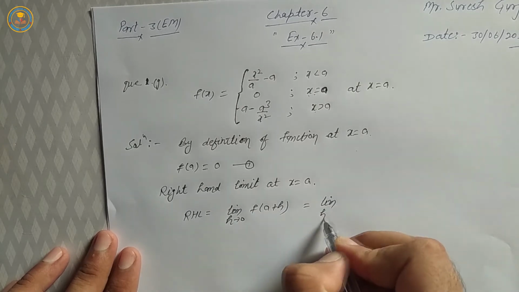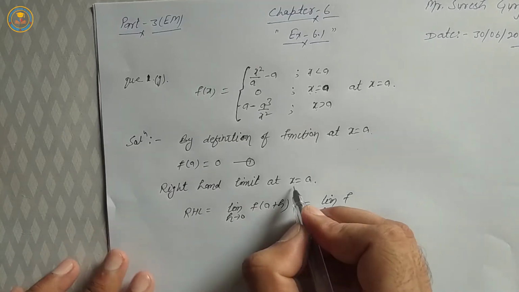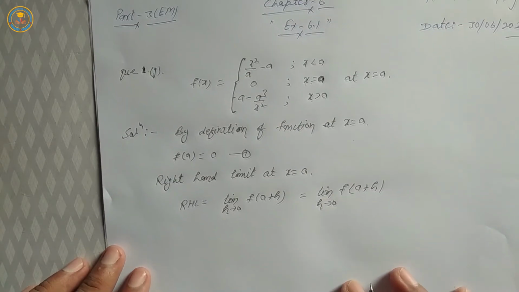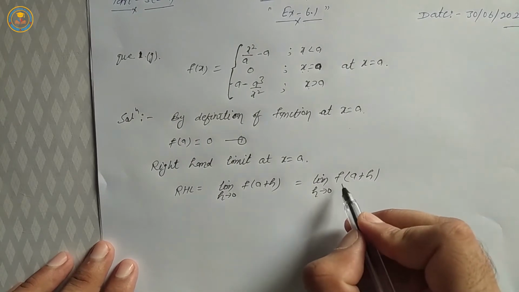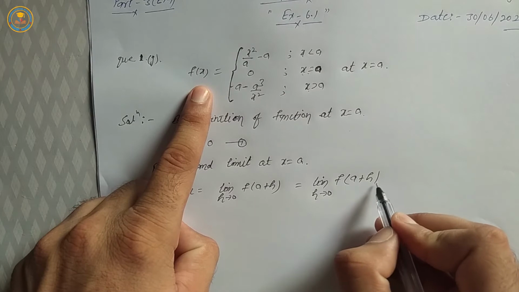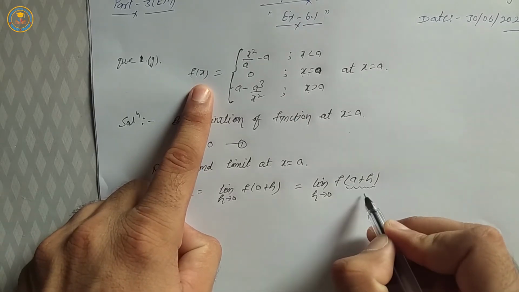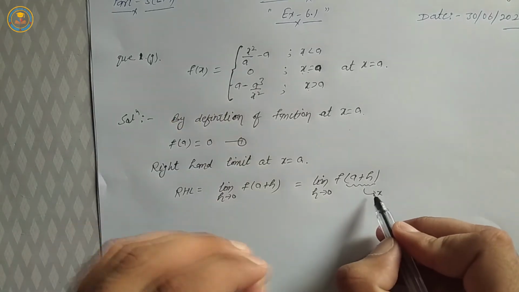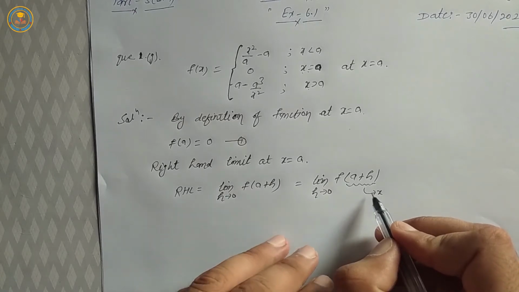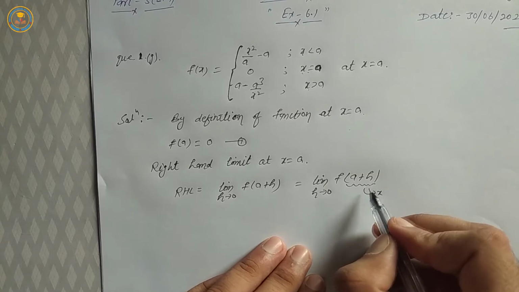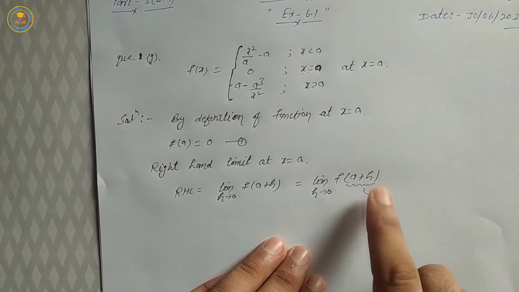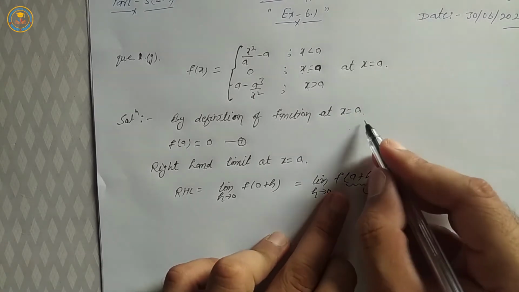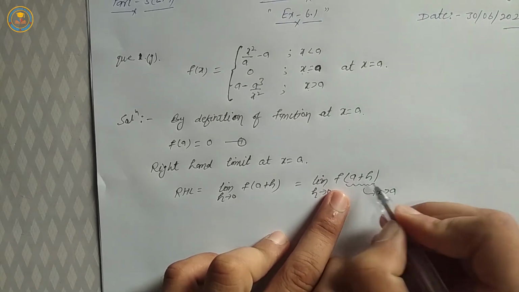According to the function f(x), x is equal to a plus h, it means the value of x is greater than a. So x greater than a.